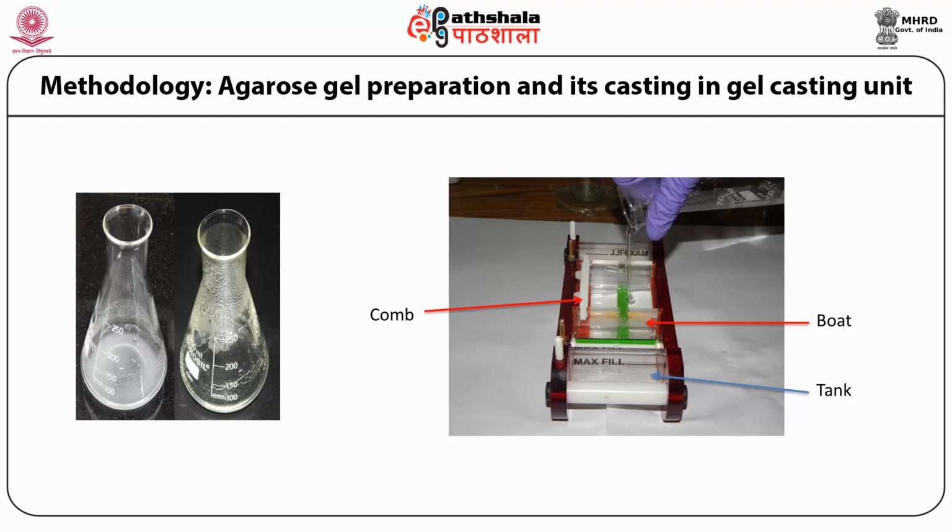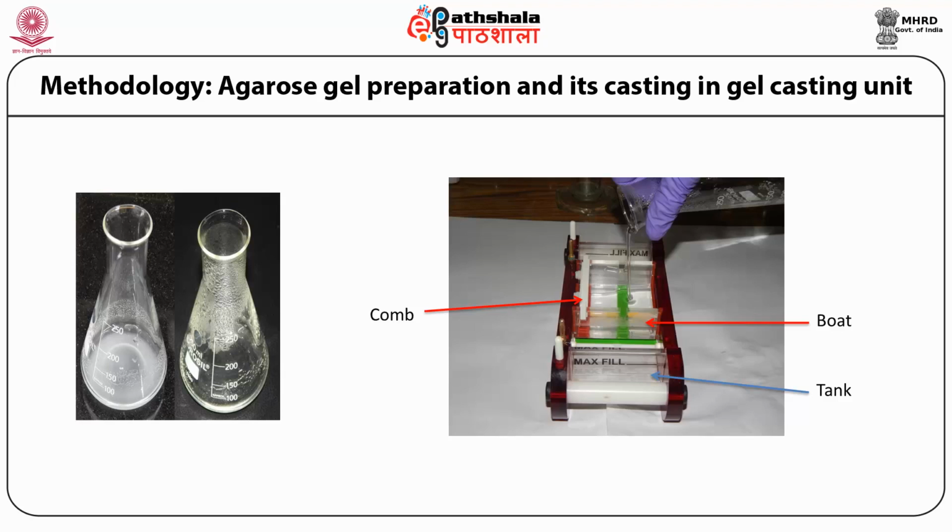When the solution becomes clear and transparent, it is allowed to cool to approximately 55 degrees centigrade. At this stage, ethidium bromide is added to obtain 0.5 microgram per ml concentration in the gel, and the contents are swirled without forming any air bubbles in the melted agarose.